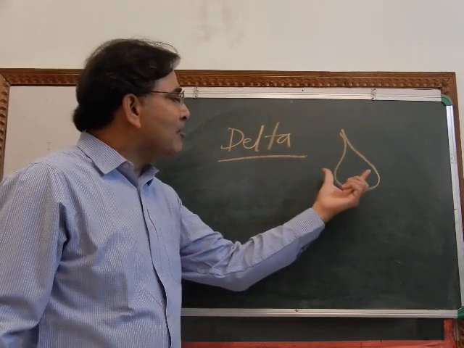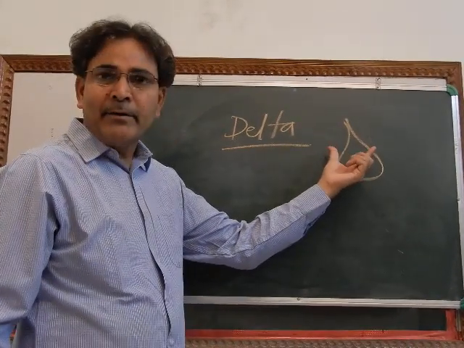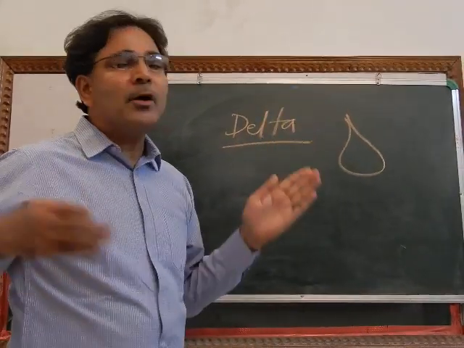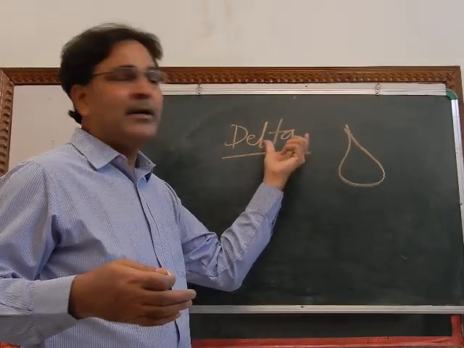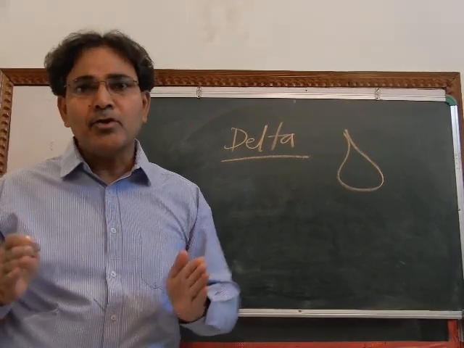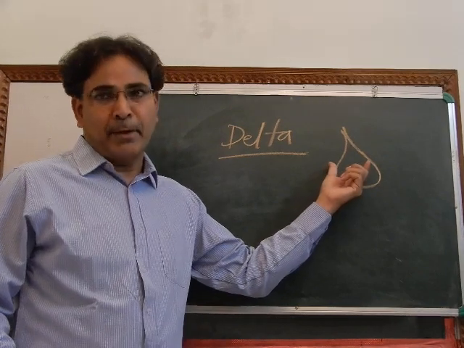That shape was triangular, like the fourth letter of the Greek alphabet, and that's why Herodotus called that triangular deposition of sediments of the Nile river a delta. So a delta is basically the deposition of sediments at the mouth of a river, which is triangular in shape.